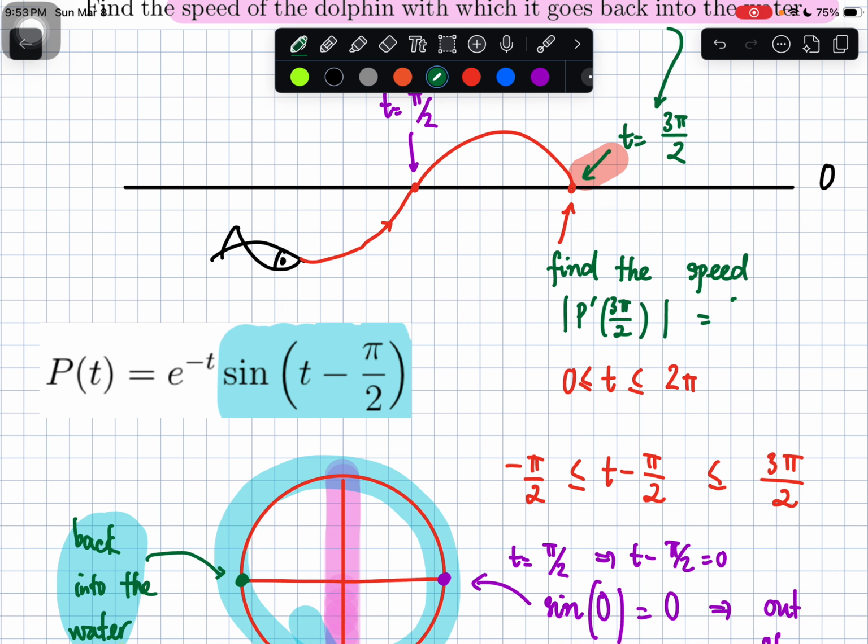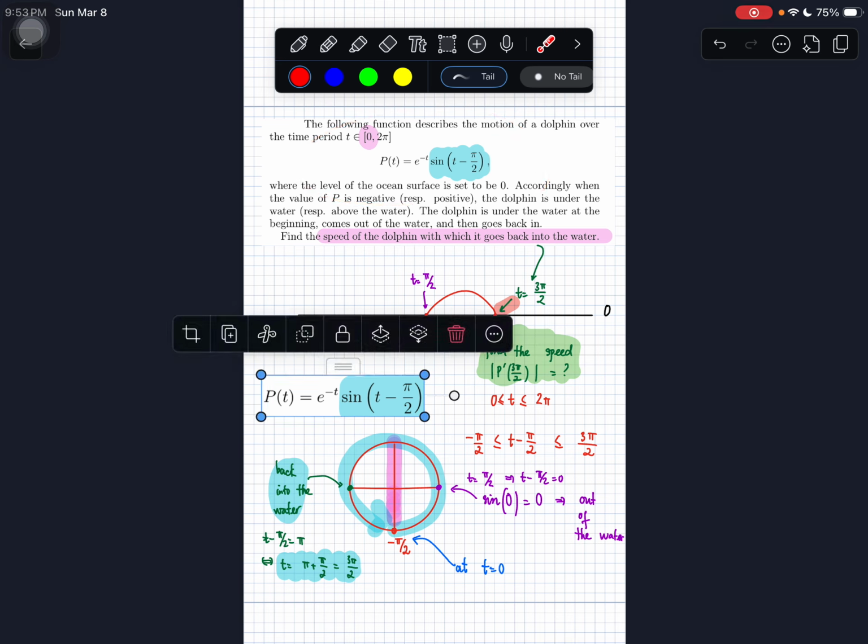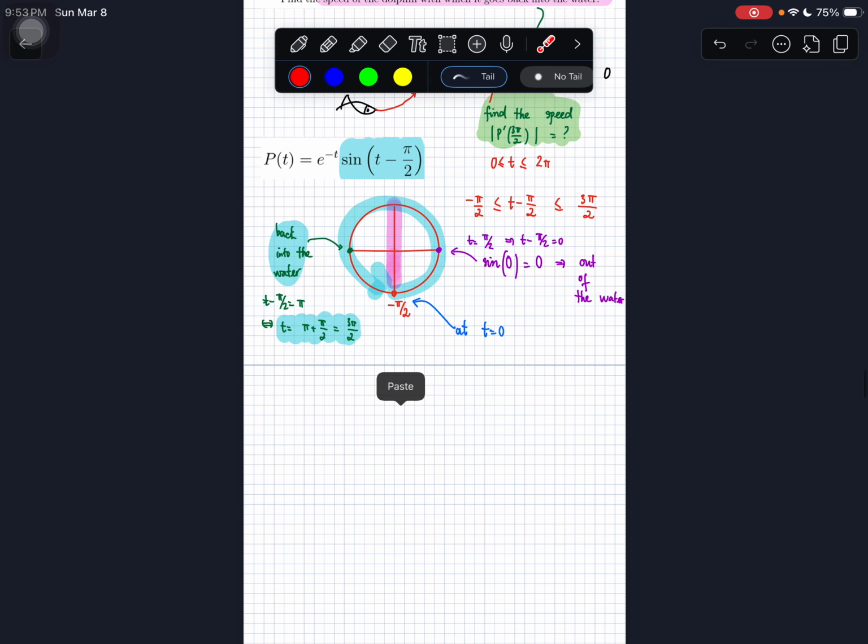This is what we need to do. It is easy for us to just compute p prime and then set it at 3 pi over 2. Here's our function p.